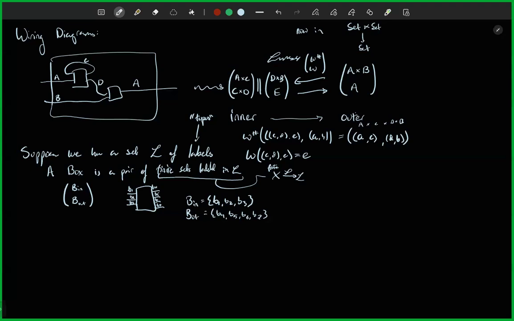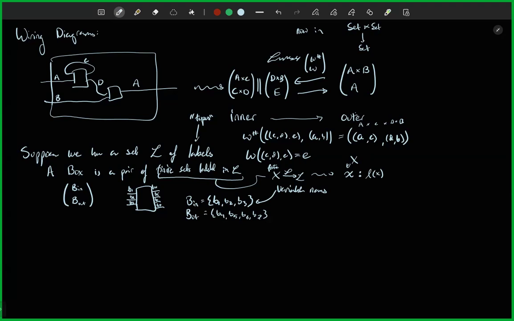We're going to ask what type of data can flow on these wires, and this we'll think of as variable names. So a way to write the labeling function would be something like X, which is in our set X of variables, has type the label of X. It's one way to think of it.